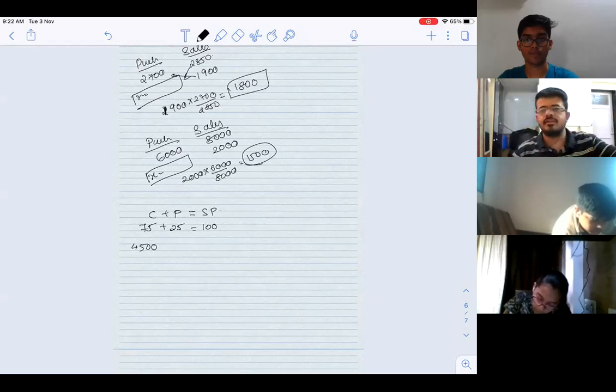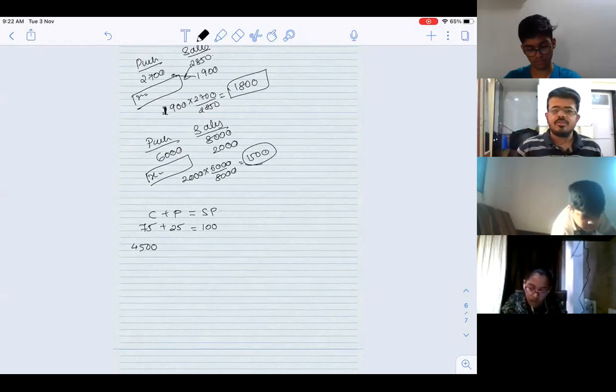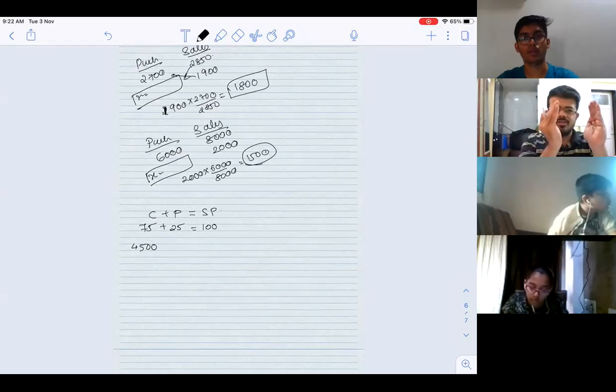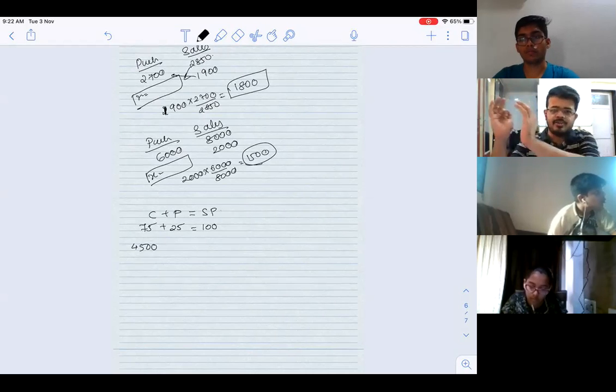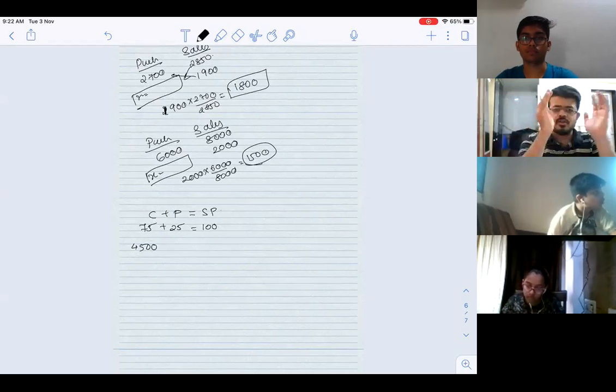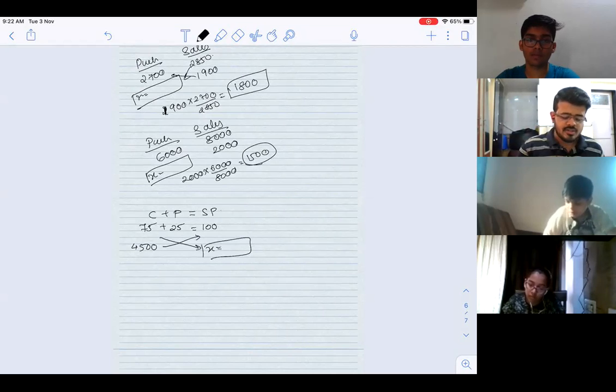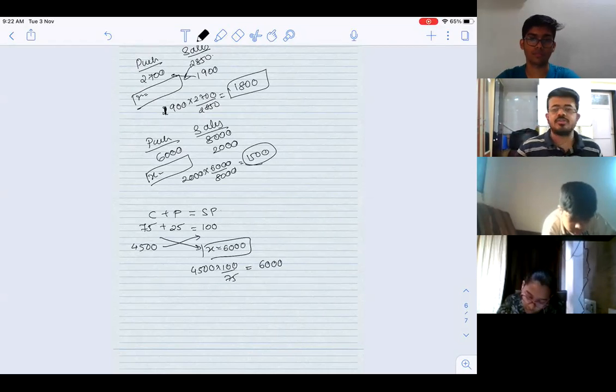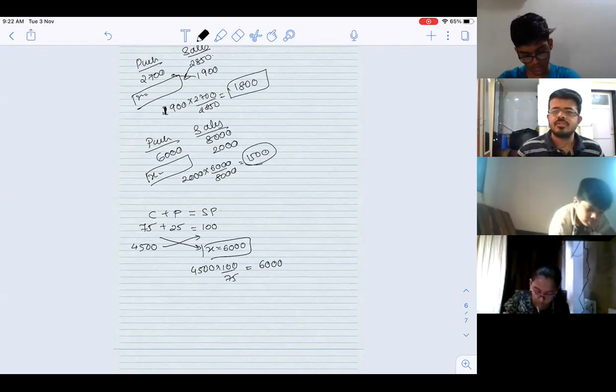We need to find the selling price. The cost of each packet was 1,500. If 75 rupees is the cost, then the selling price is 100 rupees. The cost of those 3 packets is 4,500, so the selling price is 4,500 into 100 upon 75. That is 6,000 rupees, the selling price of those goods.